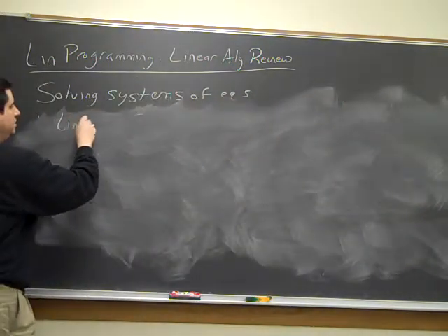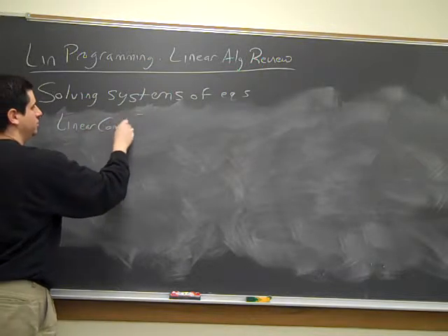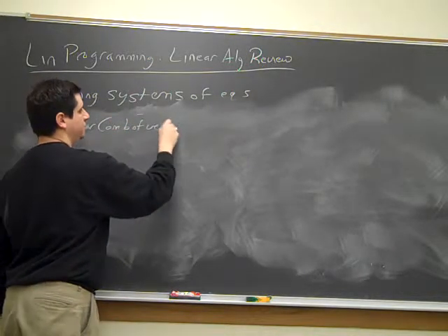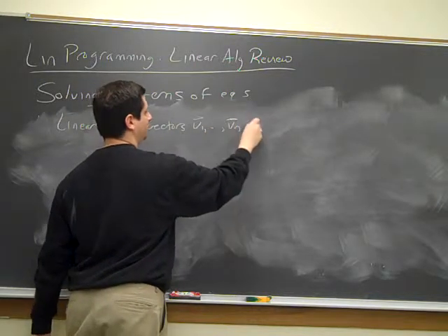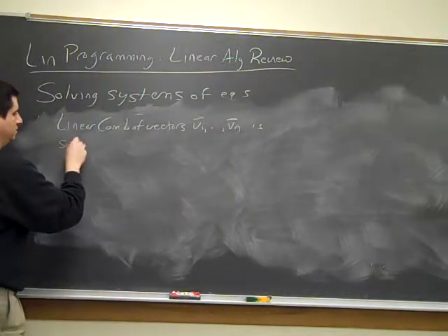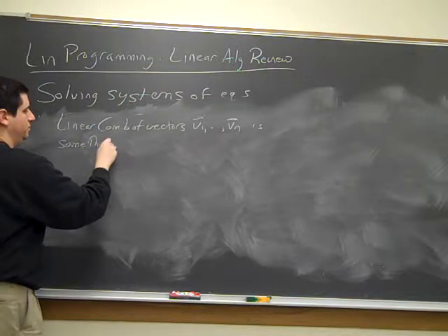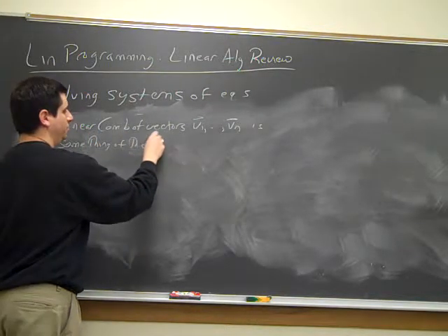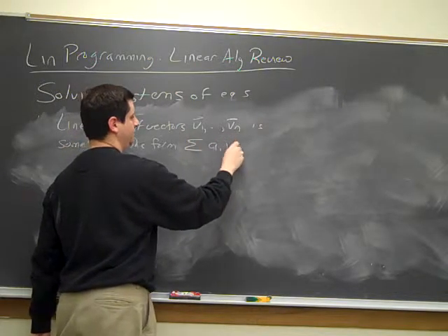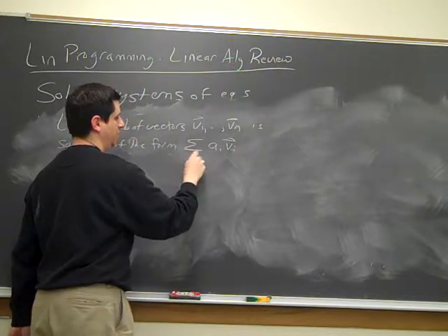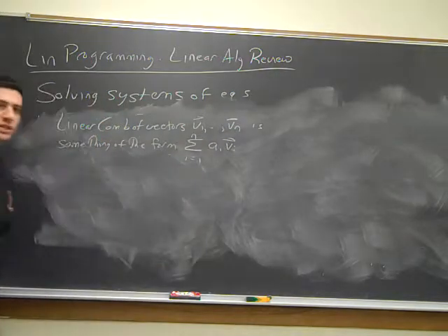So a linear combination of vectors v1 through vn is something of the form the sum of a_i v_i, i goes from 1 to n. So that's a linear combination.